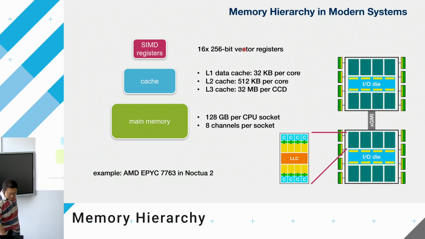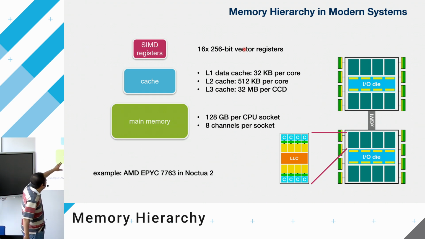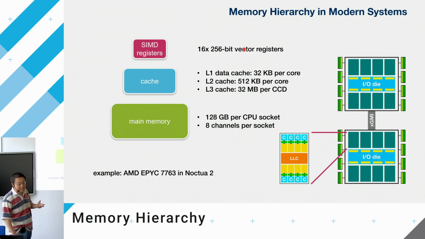To take advantage of the memory hierarchy, it's important to understand it. The first level is the SIMD register, which is inside the CPU core. If you buy a CPU, you have this. For Noctua 2, here you see the CPU cores. There are 8 cores.